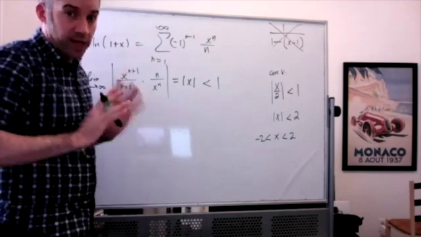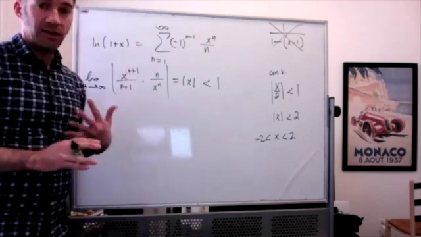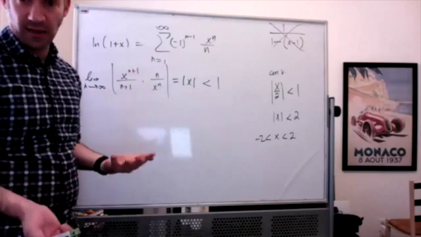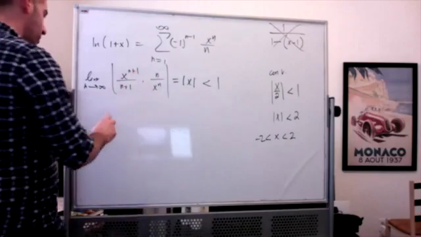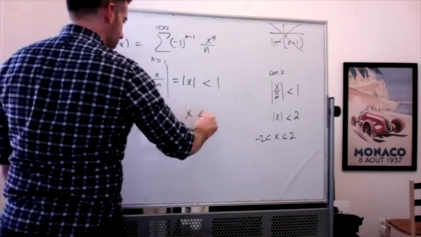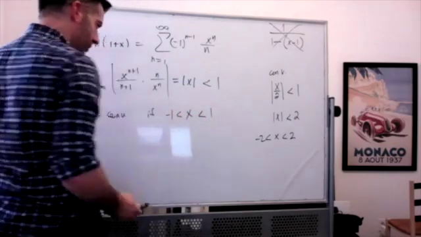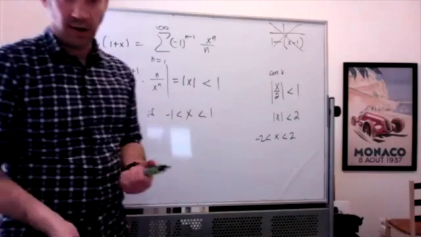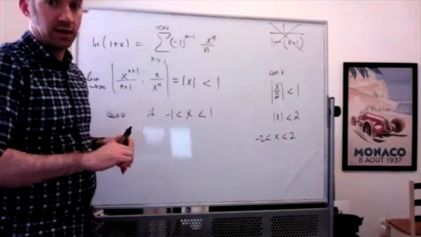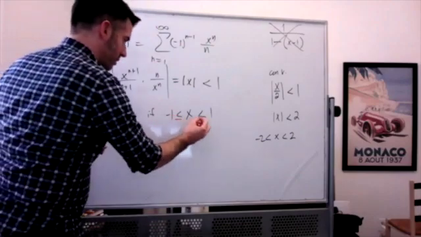Here's the great thing. Whether you integrate or differentiate, the radius of convergence and the center are both the same. So just like before, this converges if x is between 1 and negative 1. Here's the not great news. It is not necessarily true that we do not include the endpoints.